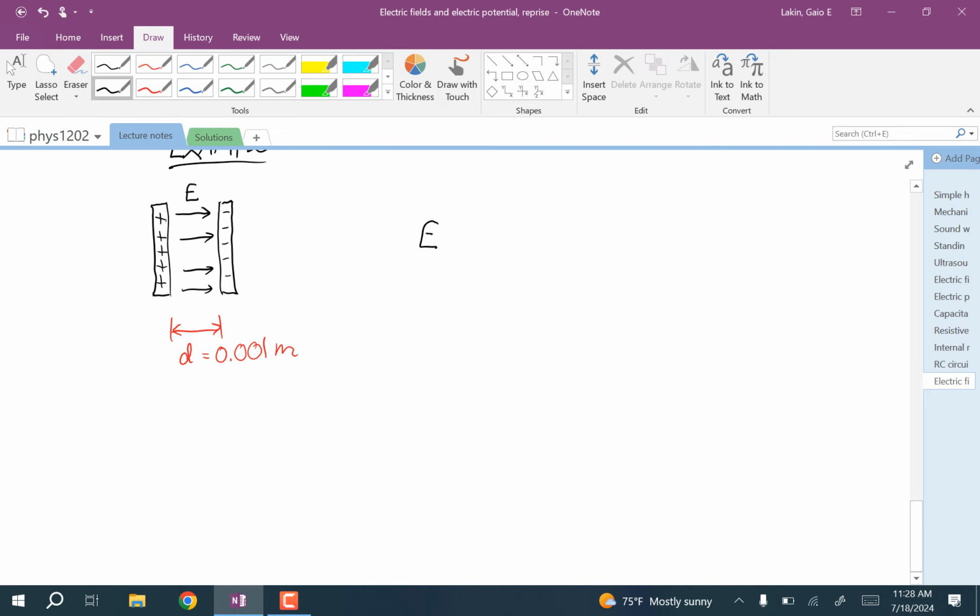And our electric field as a function of x is 150,000 newtons per coulomb. And just like I drew it over here, it's directed to the right. Okay, so any x value you put in there, well, it has to be between the two plates, but any x value you put in there, you get 150,000 newtons per coulomb pointing to the right.